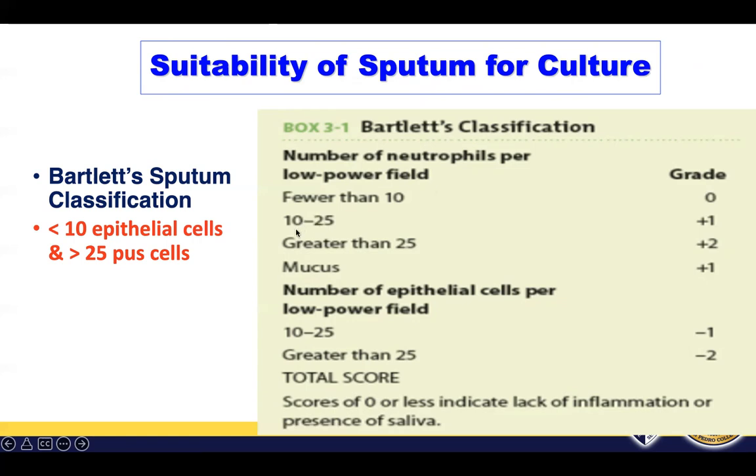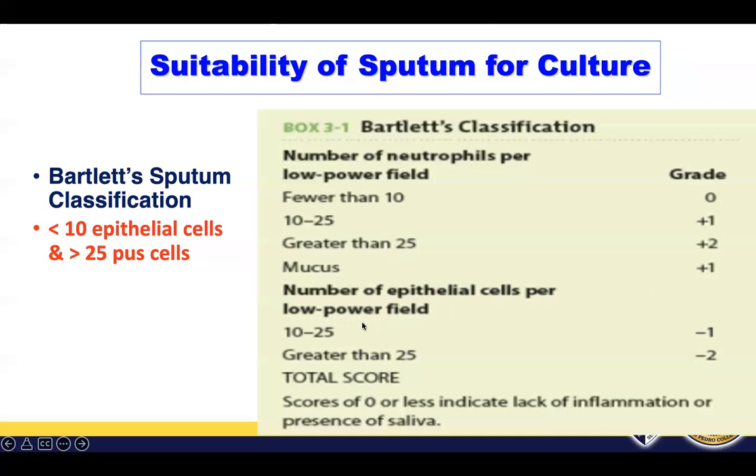If you count 10 to 25 neutrophils per LPF, the grade given is usually +1. But if you count more than 25 neutrophils per low power field, then the grade given is +2. And if you're able to see mucus threads, then that's +1.